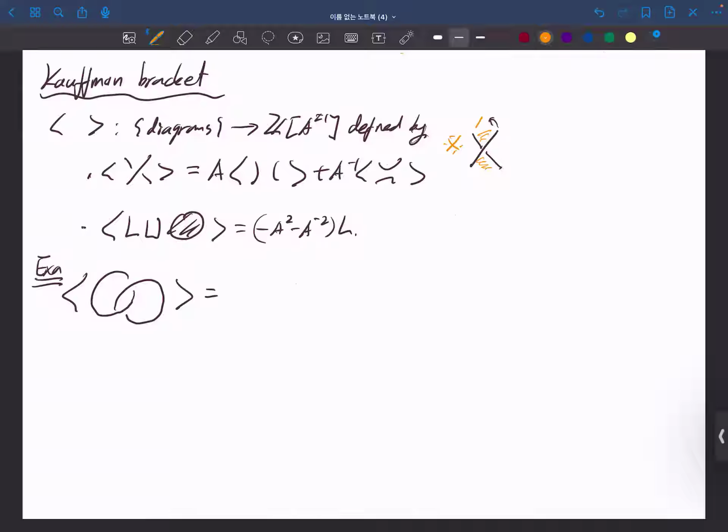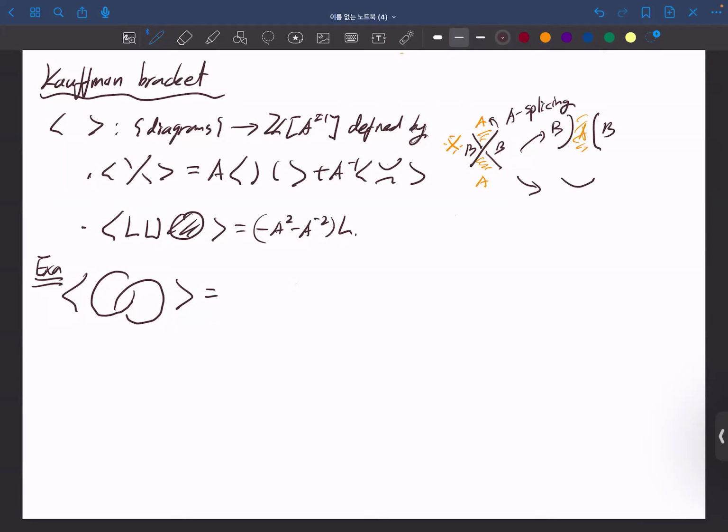And we call this one the A region and this the B region. Then when we open the road between A regions, this is called A splicing.